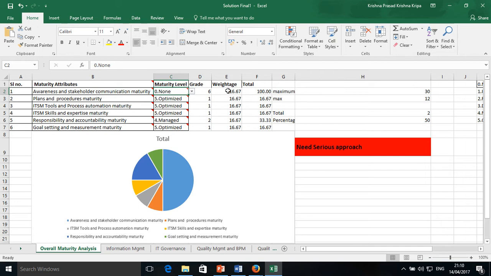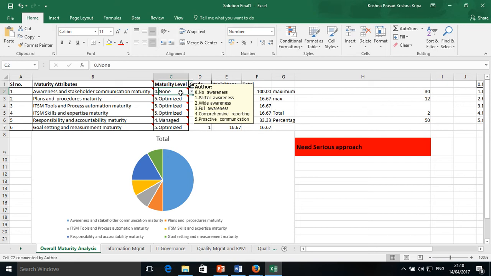Like that, we have given a weightage for each question. Since each question seems to be of equal importance, we have given equal weightage for each question. Now this grade and weightage, when multiplied, give a maximum of 100 points here. So there is a calculation behind it.